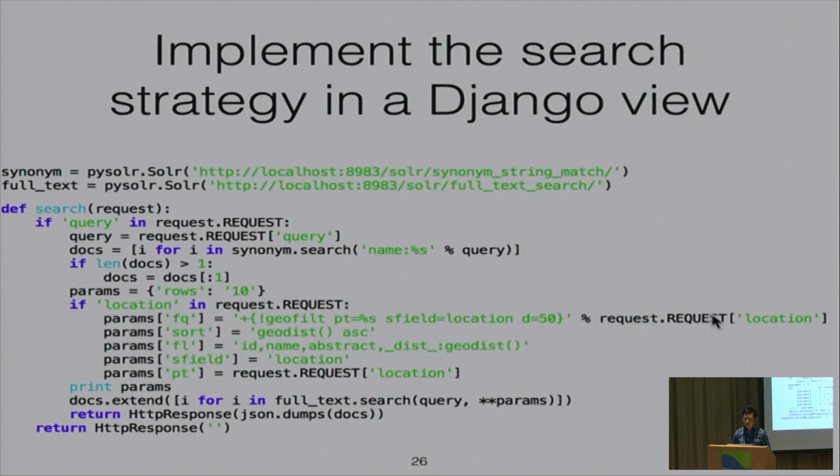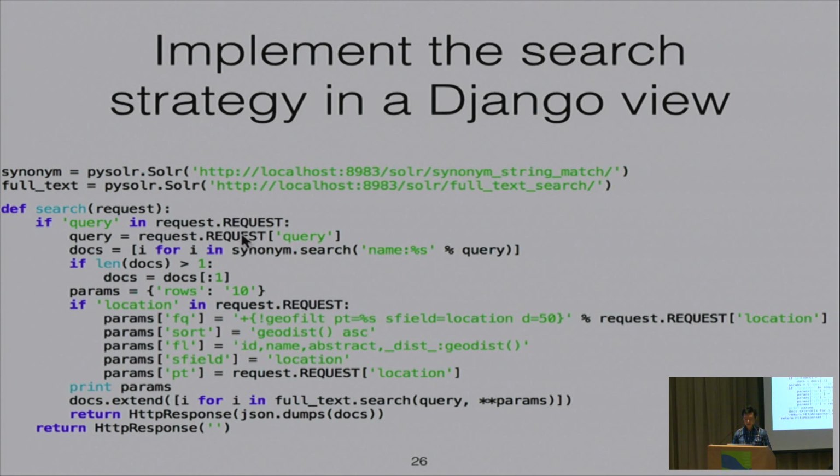We are using a Django view to do this. In the view, we create two connections to Solr using PySolr, one for synonym search and another one for full text search and geo search.